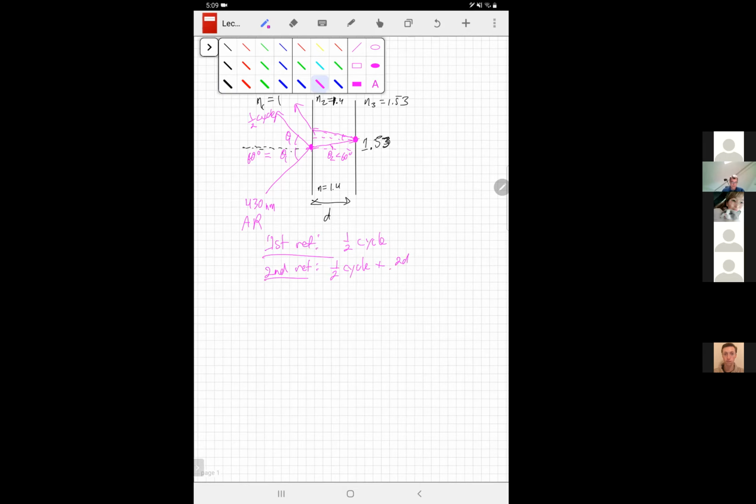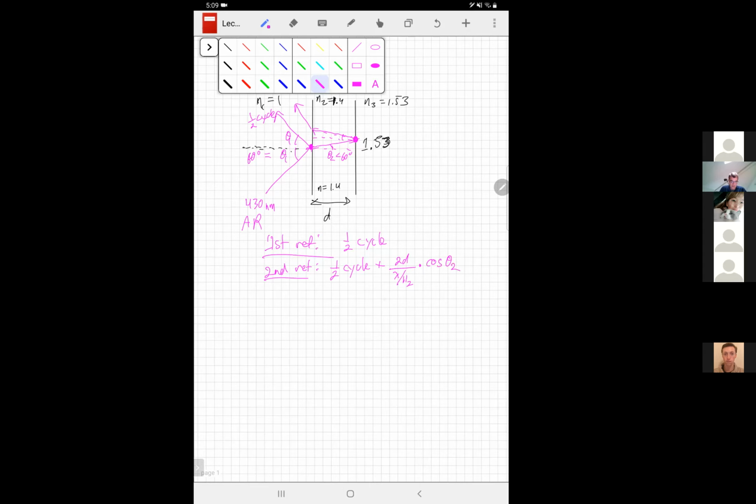2d over lambda over n2. And what do we multiply here by? Is it the cosine of the angle? Yep, it's cosine of theta 2.